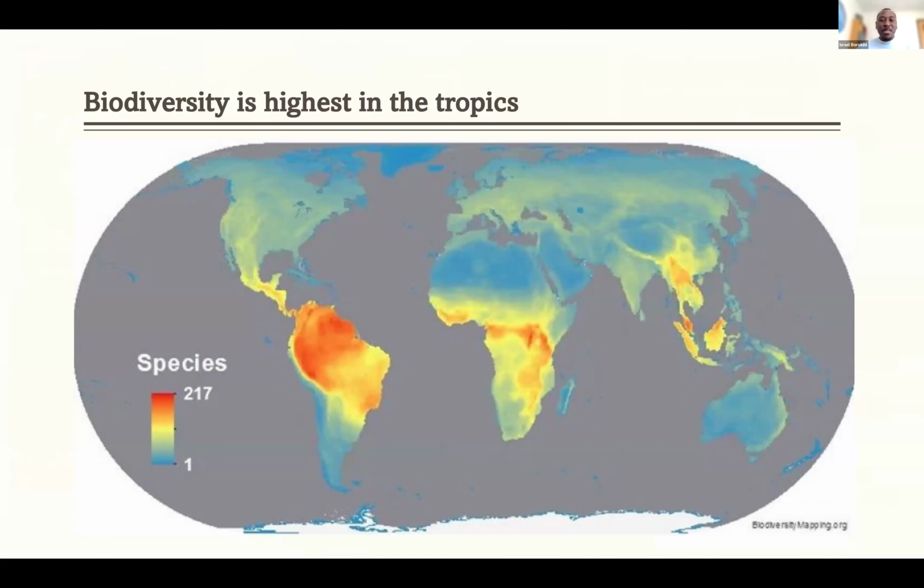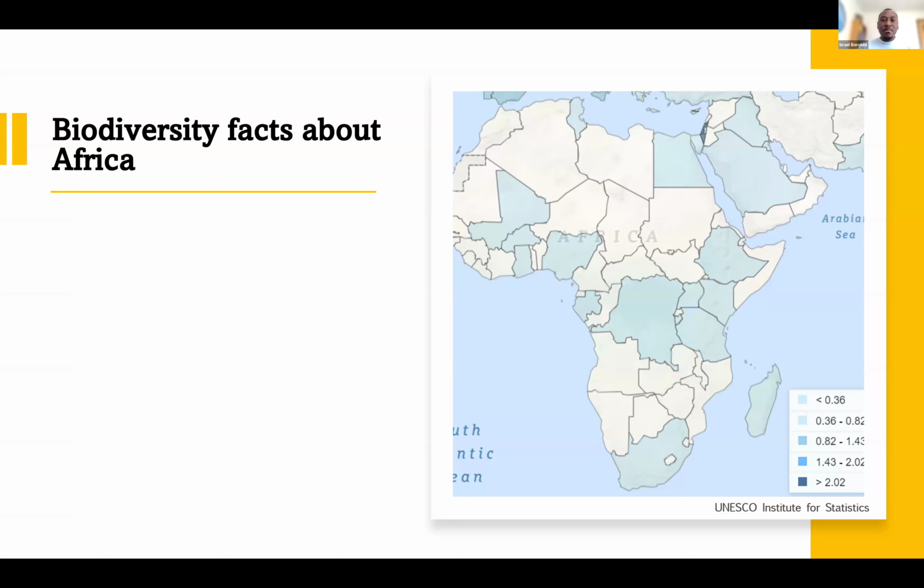Okay, so I'm going to start with what we already know, that the latitudinal diversity gradient hypothesis predicts that for most taxonomic groups, biodiversity or species richness is the highest towards lower latitudes, and it reduces as you go towards the poles. And so that makes us zoom a little bit into Africa. And so what is so unique about African biodiversity?